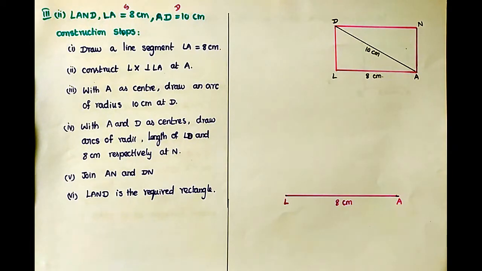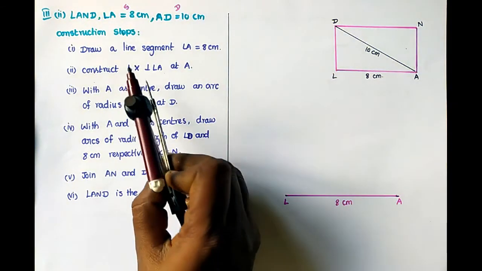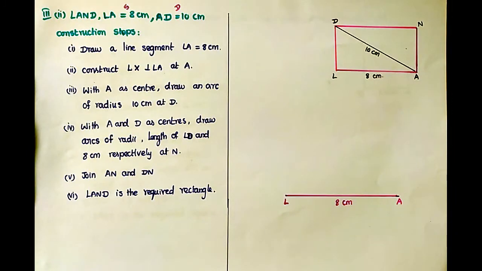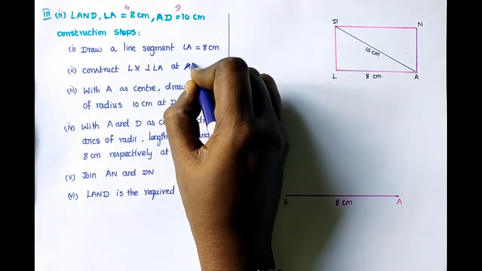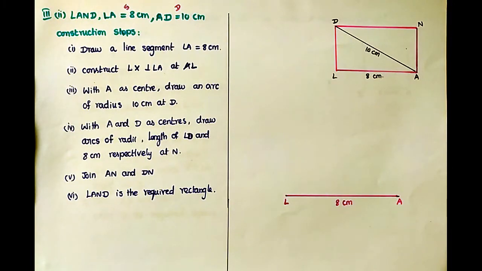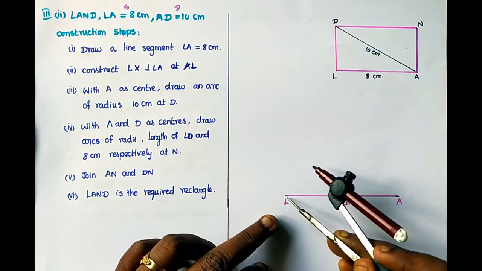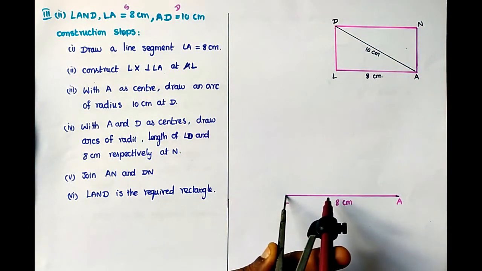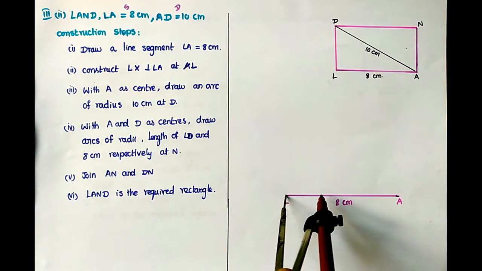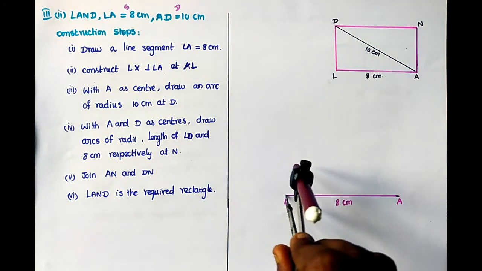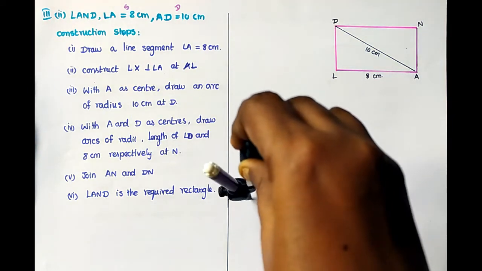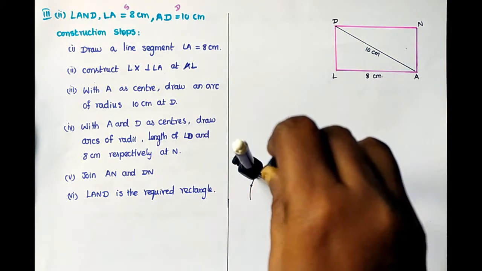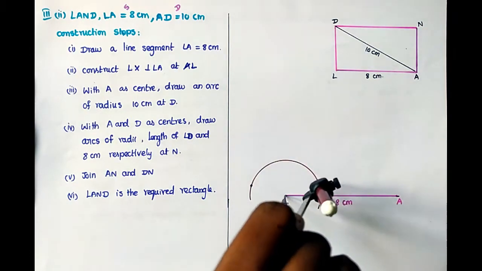Next, construct LX perpendicular to LA at L. So with L as center, take any measurement below half and draw a semicircle.